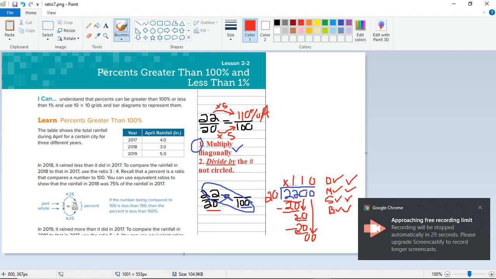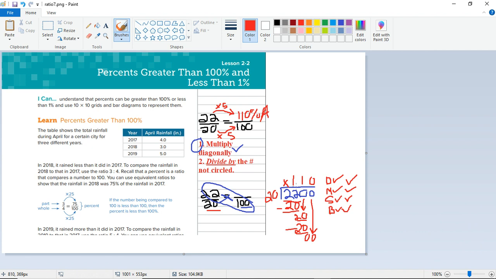So that means there's 100, 110, and 0 ones. So 110 times 20 is 2,200. So I also got 110. So whatever the quotient is the missing number. So 110%.